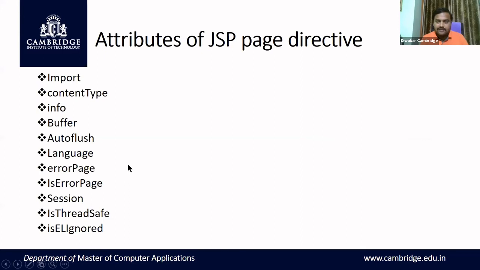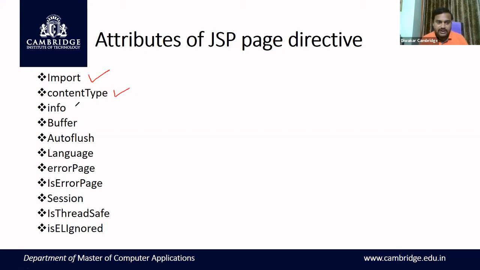We have many attributes in the JSP page. If you want to import any packages into the current JSP, you use the import attribute. If you want to set the content type of the JSP, you use the content type attribute.